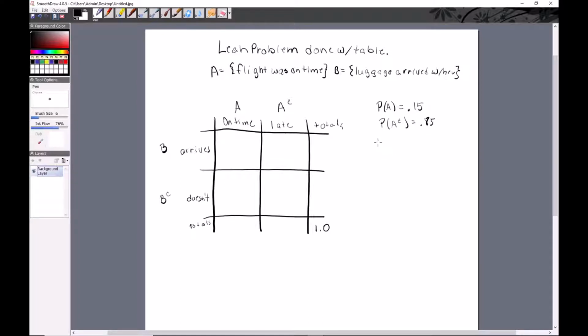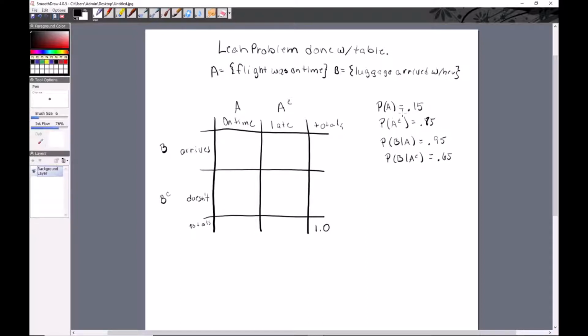We're also given the probability of B given A, that the luggage arrived with her given that the flight was on time, and that was 0.95. And the probability of B given A complement, that the luggage arrived given that the flight was late, was 0.65. So we're going to fill this whole table in given this.